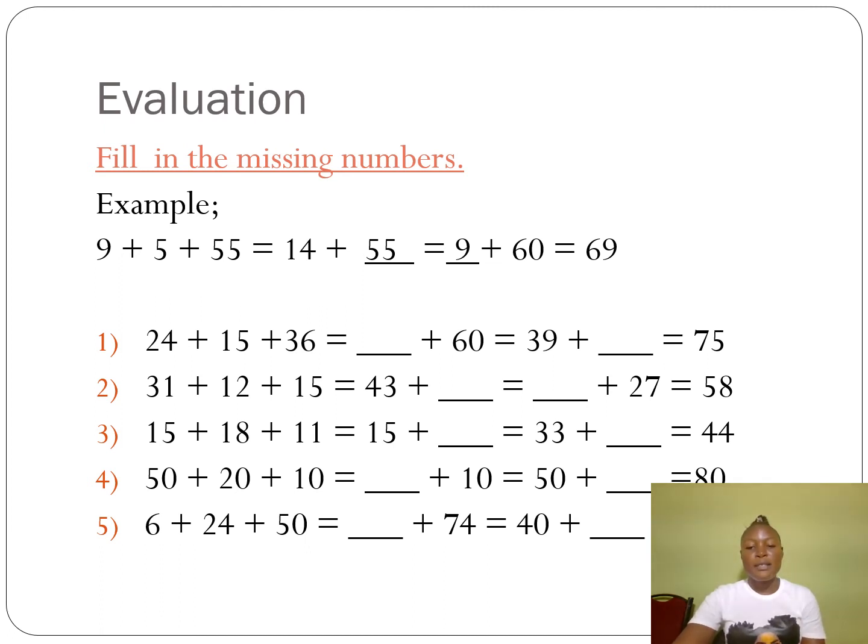Here also we have 6 plus 24 plus 50, which is equal to dash plus 74, which is also equal to 40 plus dash, giving you the total answer as 80.